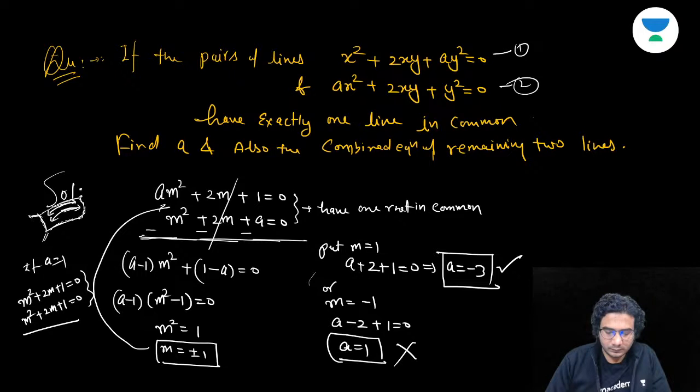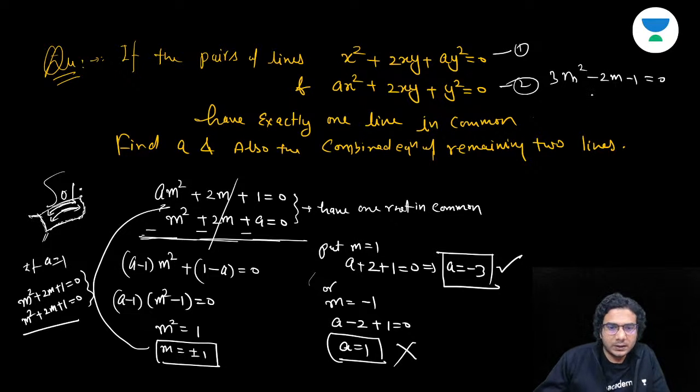Have you got it? Now, putting a is equal to minus 3, you can find the roots of the remaining two quadratics. I mean, what are the remaining roots? If I put a is equal to minus 3, then the first equation is going to be 3m square minus 2m minus 1 is equal to 0. Obviously one root is m is equal to 1, so the other root, using the product of the roots, which is minus 1 by 3, is m is equal to minus 1 by 3.